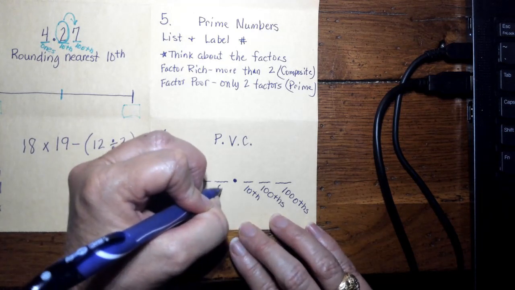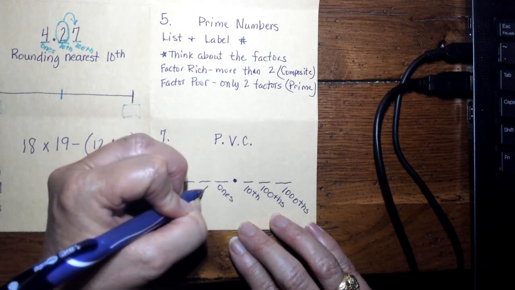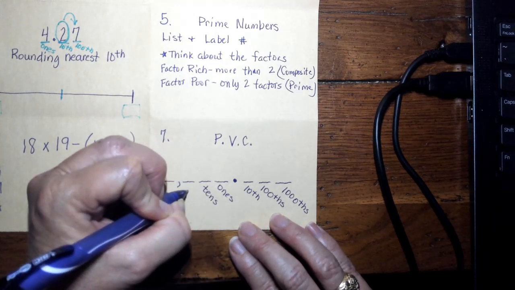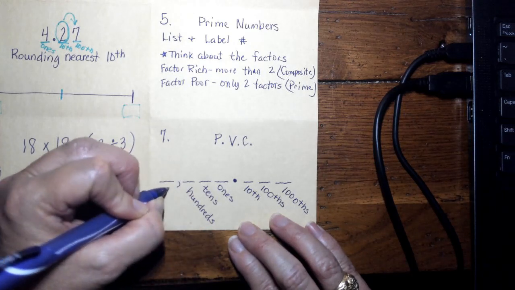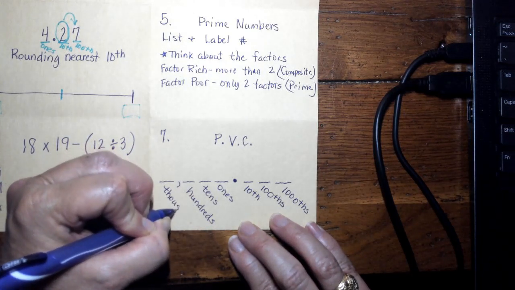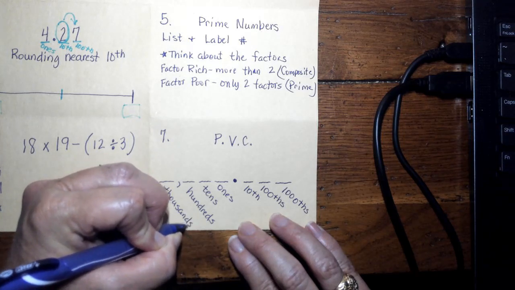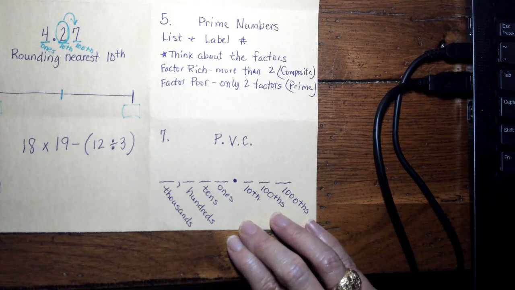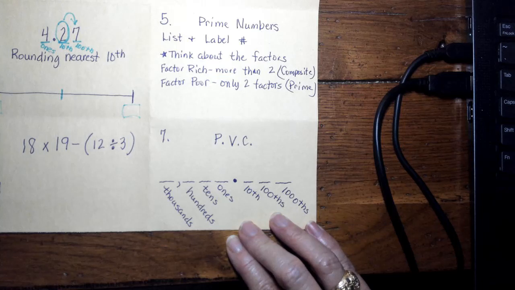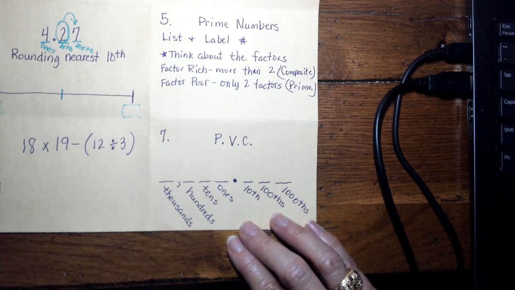And so we have the ones, the tens, the hundreds, and the thousands. Using this place value chart will help you be able to locate and find the correct answer. On number 7, just make sure you read carefully and choose wisely.